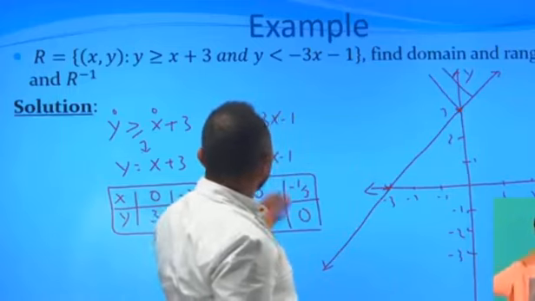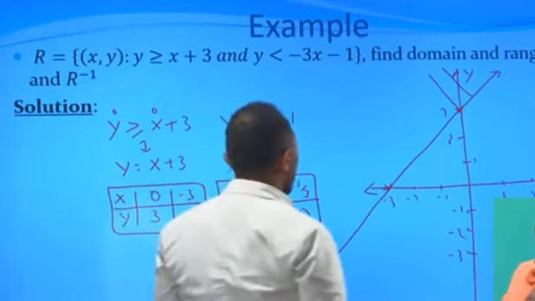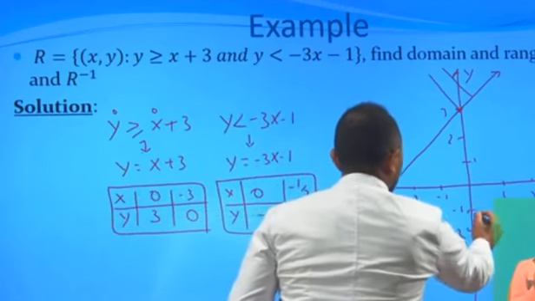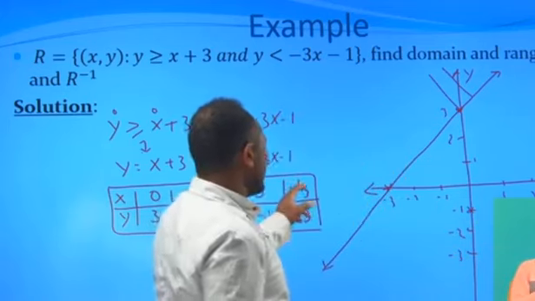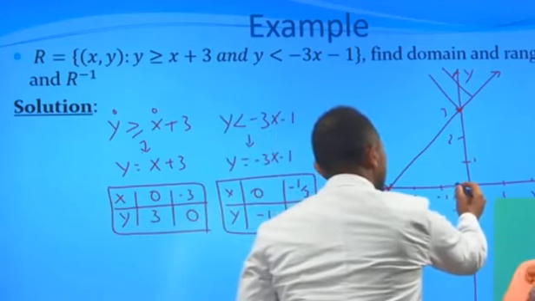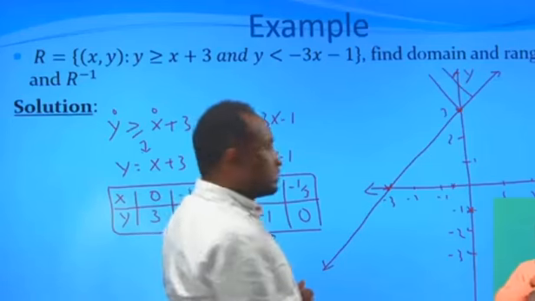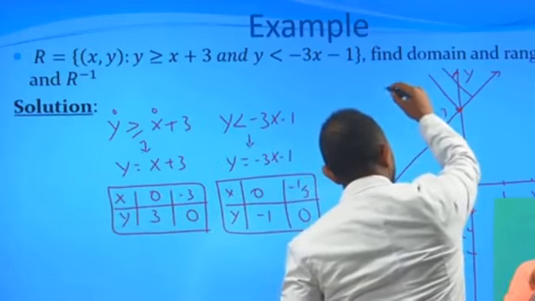Then draw the boundary line for the other one. When x is 0, y is negative 1, this point. And when x is negative 1 over 3, y is 0, this point. The inequality is strictly less than, therefore it doesn't include the boundary line. Use a broken line.